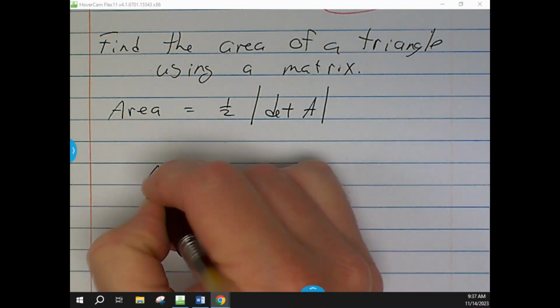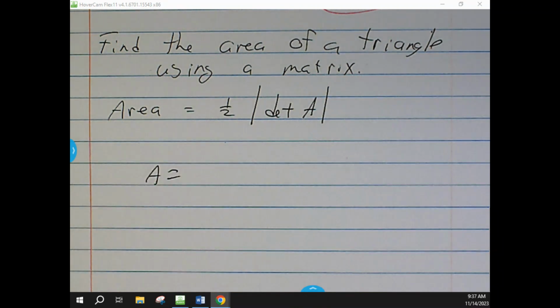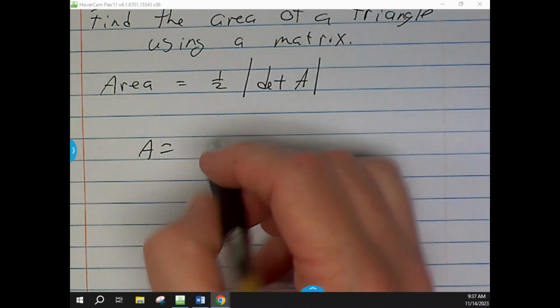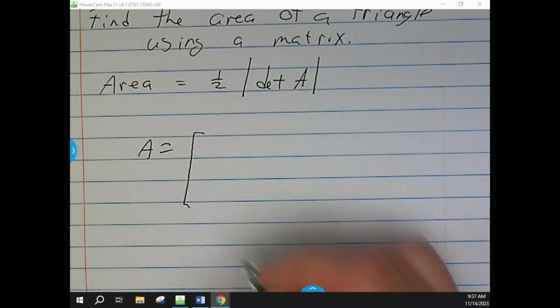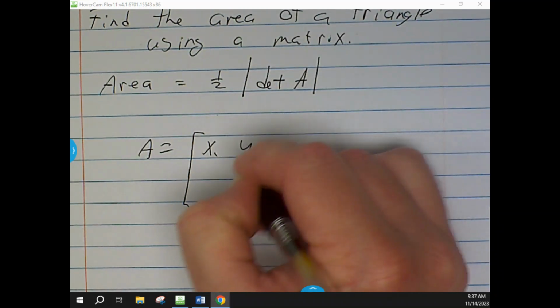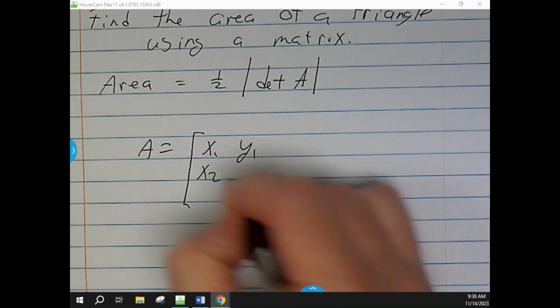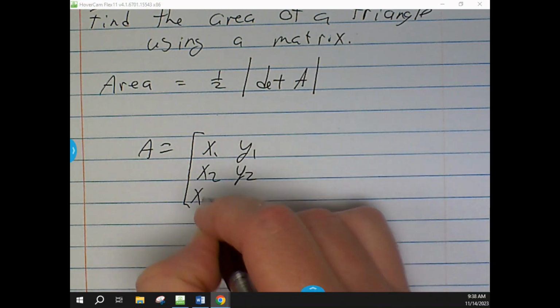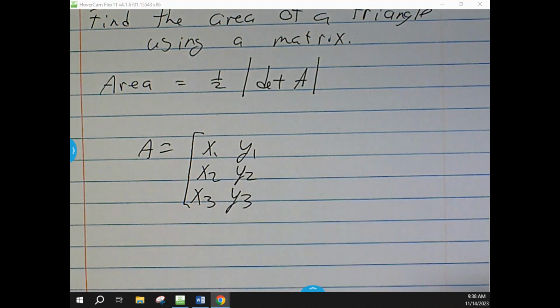All right, now the catch is when you do the matrix A for this one, because you're like, well, if it's a triangle, we know we've got 3 corners, right? So you've got your first corner ordered pair, your second corner ordered pair, your third corner ordered pair.